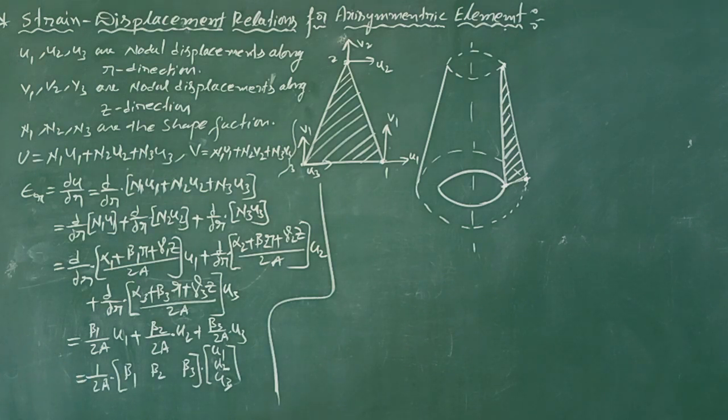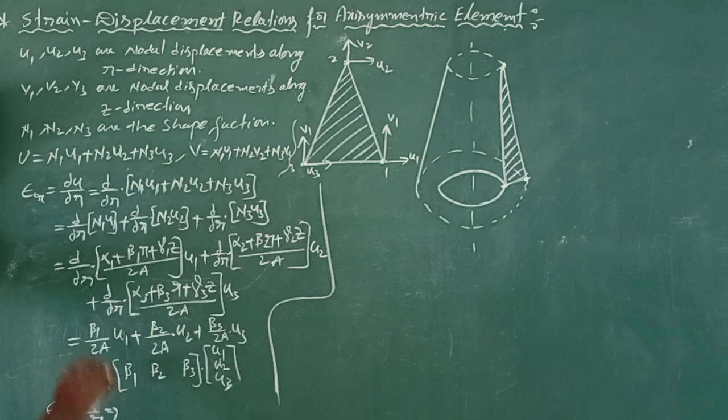Okay, next you know the relation: epsilon theta is equal to u by r. Here u means n1 u1 plus n2 u2 plus n3 u3, all by r.